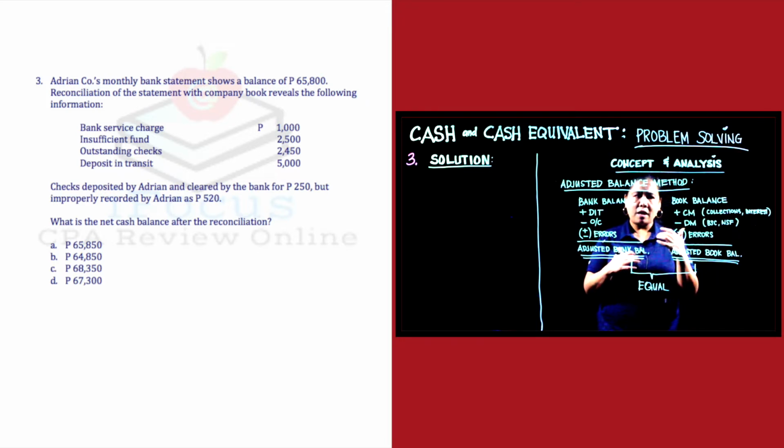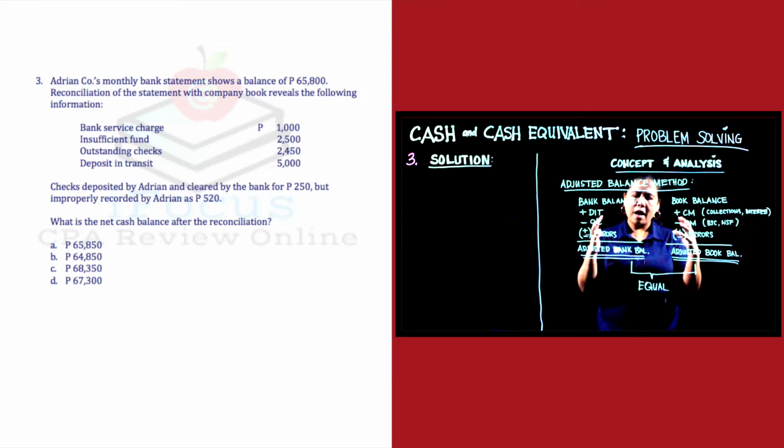Hanggat hindi nalalaman ni company yon, hindi pa niya na-add sa kanyang book balance. So, itong mga ina-add ni bangko, ang tawag mo dyan ay mga credit memos. So, ang gagawin ng bangko, mag-i-issue siya ng credit memo to tell the company na meron siyang in-add sa account ni company. Alright? So, yan ang transactions ni bank.